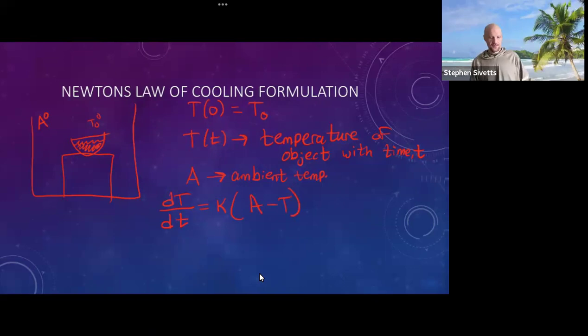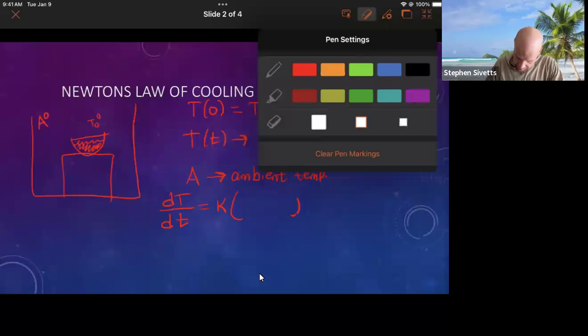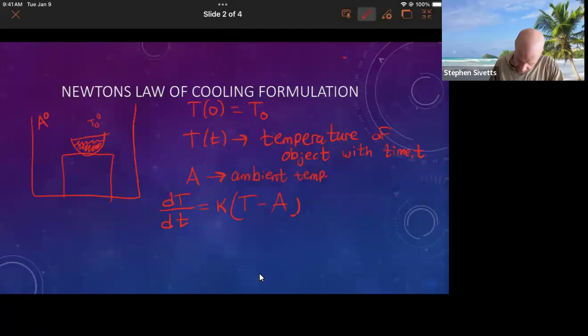Or maybe I should say T minus A. It should be T minus A, because the temperature decreases.